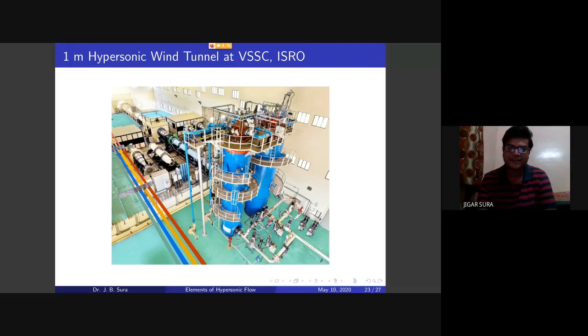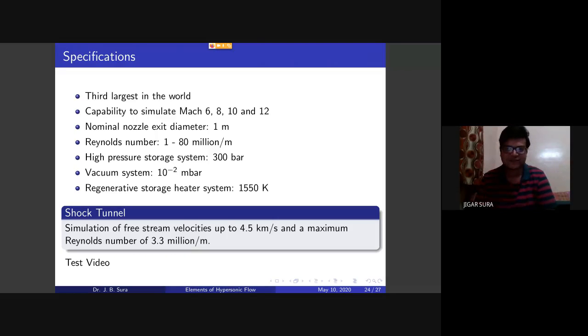These two vertical structures, if I am correct, are the heat exchangers to heat up the air. And this was commissioned in 2017, 2018, if I am correct. Recently it was commissioned and it is working fine. It is the third largest in the world. Please remember.